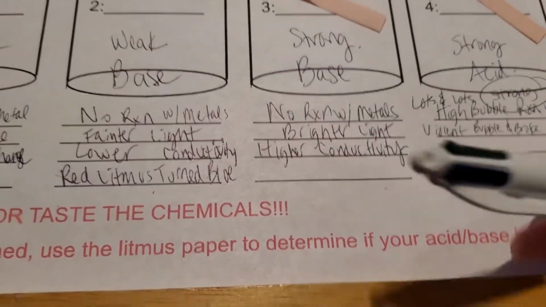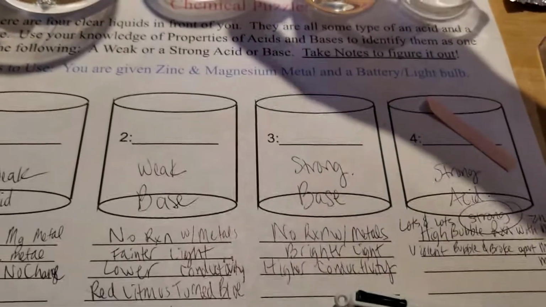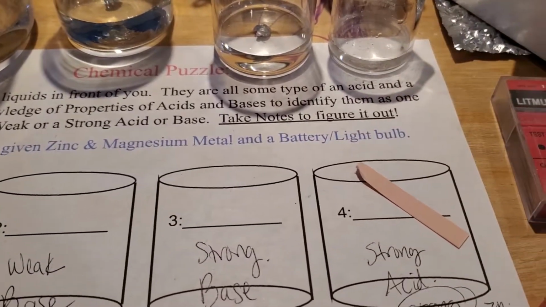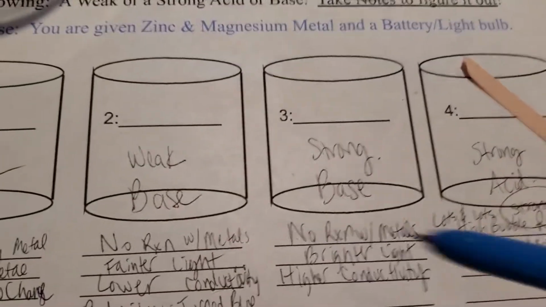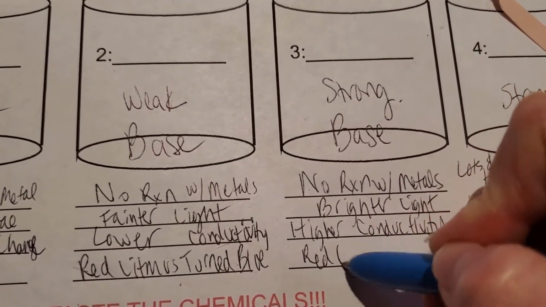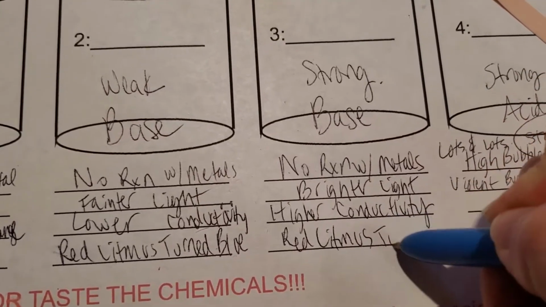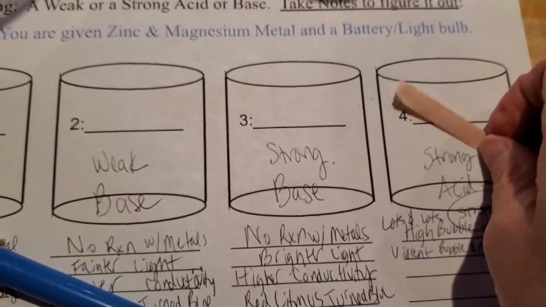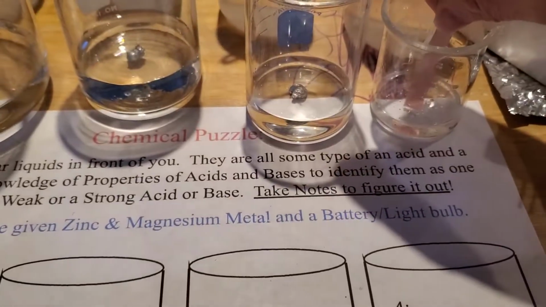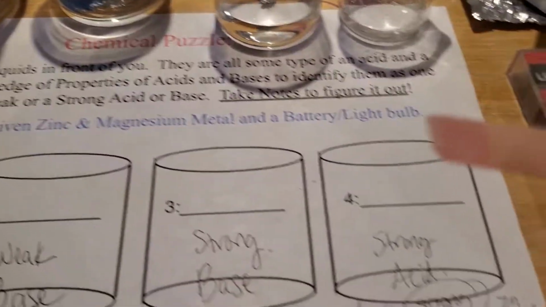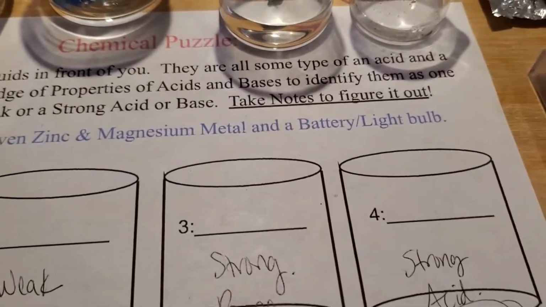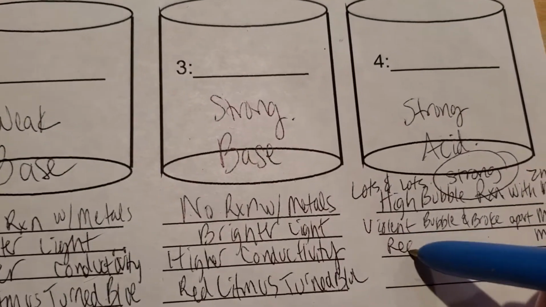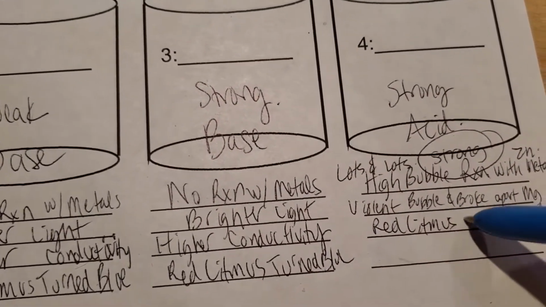Okay, this one, let's see what it does. Red litmus turned blue for sure. So we know that one's a base. Red litmus turned blue. And then let's see this one. We don't expect anything. Nope. So red litmus, no change.